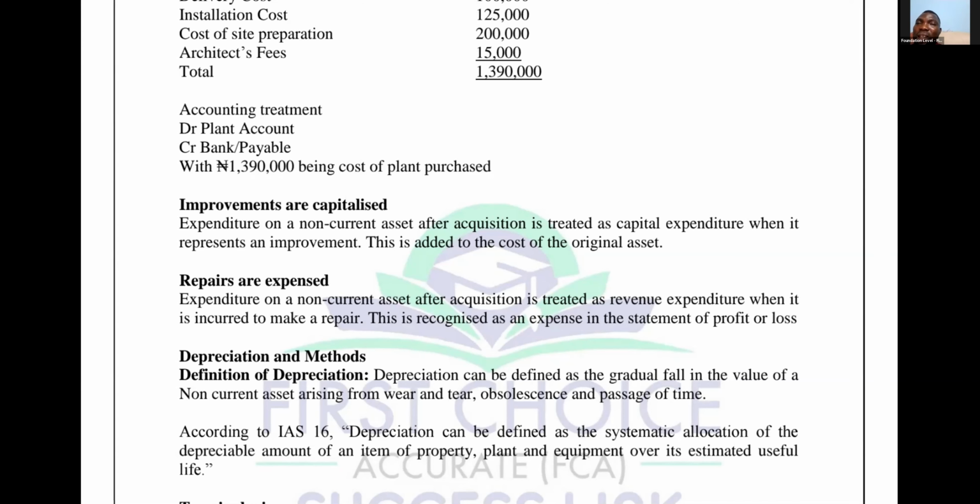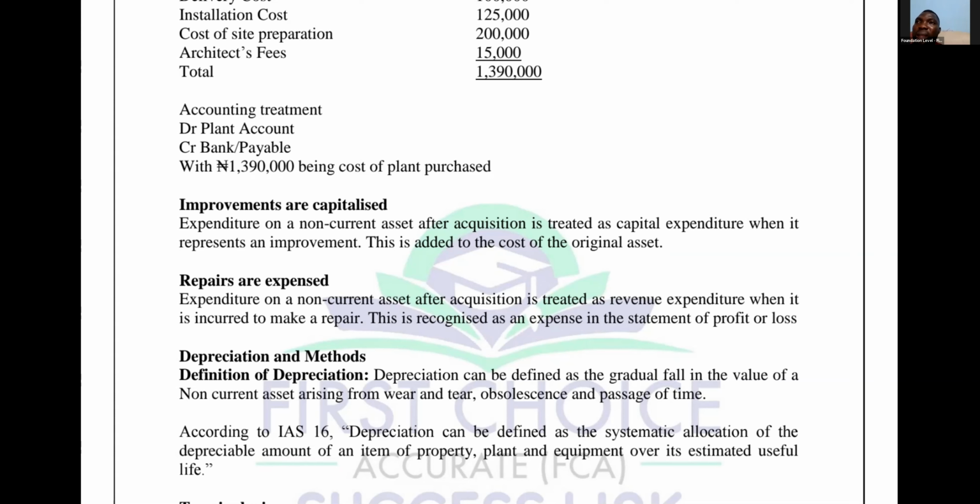That is capitalized expenditure. It means it will increase the cost of the asset. If the current book value of your asset is 90,000, and you incur a cost of 50,000 and want to capitalize it, you just add 90,000 plus the 50,000.